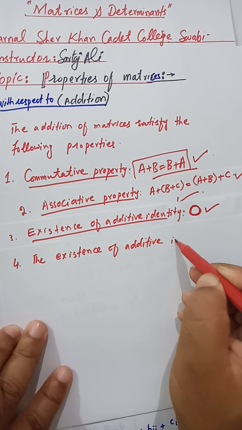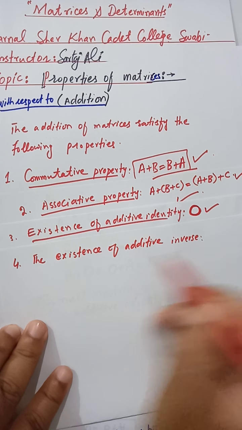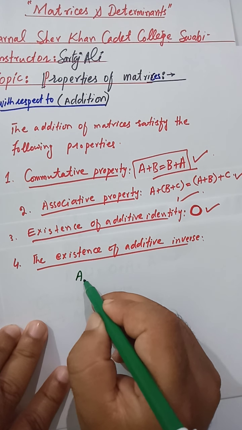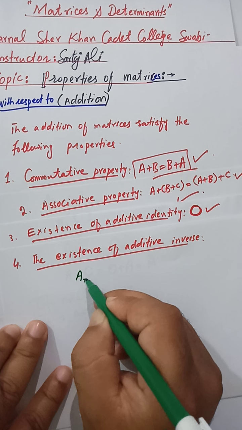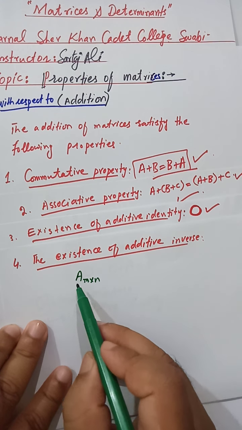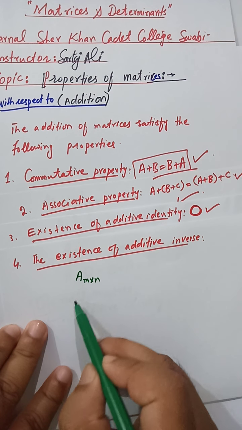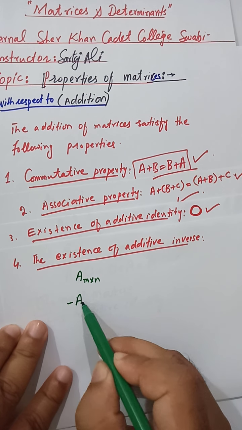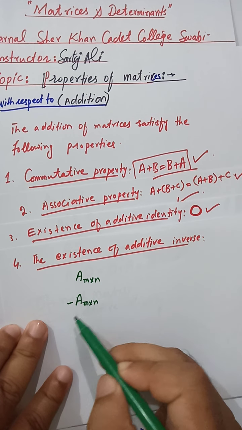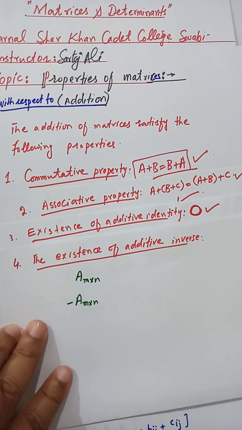So if we have a matrix A of order, let's say, m by n, and we find the negative of this matrix. The negative of this matrix is denoted by minus A, and the order of that must be the same, because the negative of a matrix is obtained by scalar multiplication, meaning you multiply -1 with the given matrix.